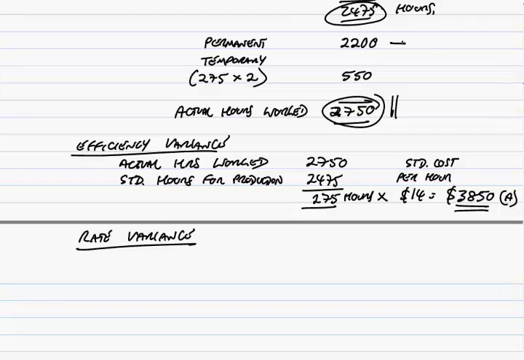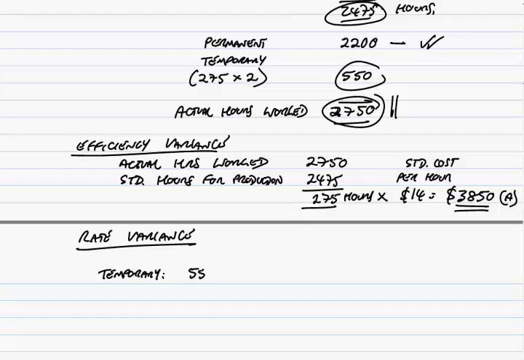The permanent workers were paid the correct rate, 14, there's no variance. But the other 550, the temporary, they were paid more than they should have been. And so there's where the variance is. It's those temporary hours.